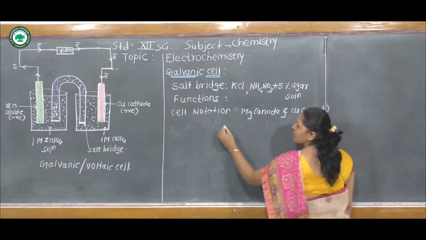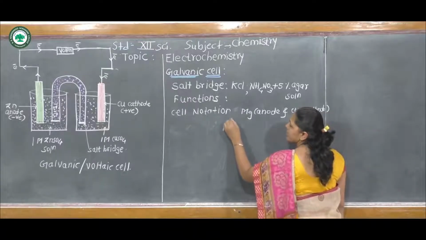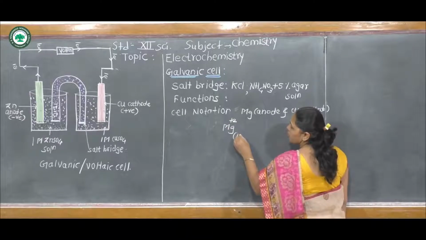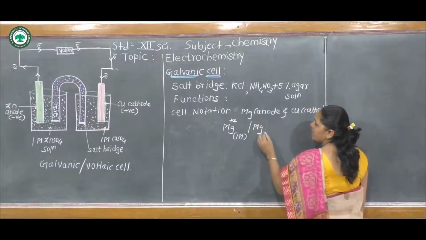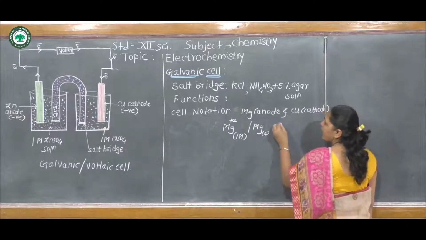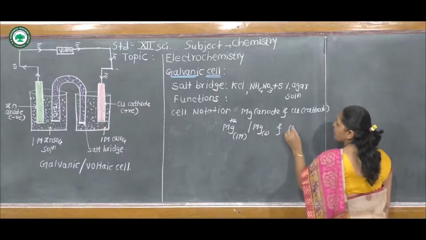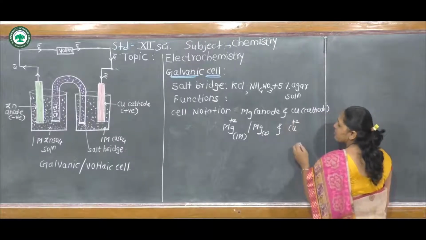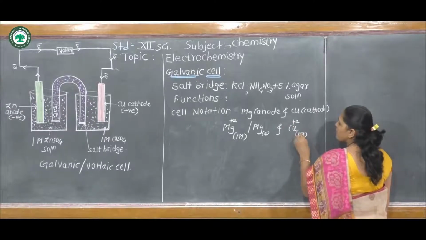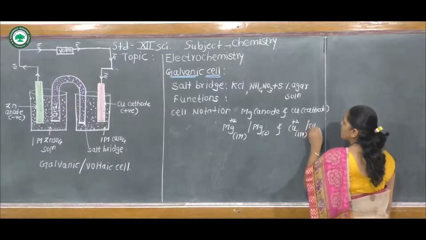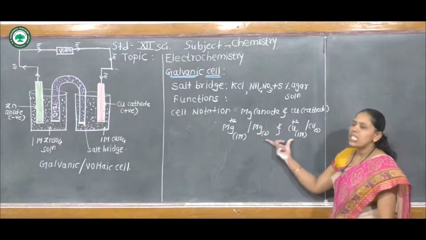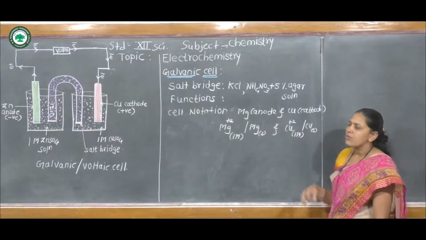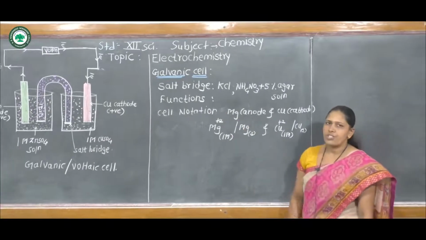Two electrodes are represented as Mg2+ having 1 molar concentration, single vertical line, magnesium solid, and another electrode is the copper electrode. It consists of Cu2+ ion solution and copper solid electrode. By using these two electrodes, we have to write the cell notation.